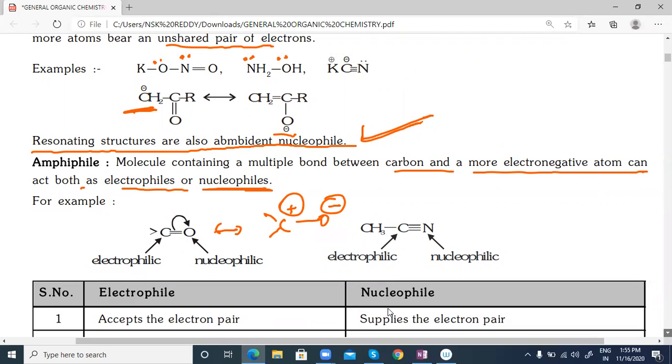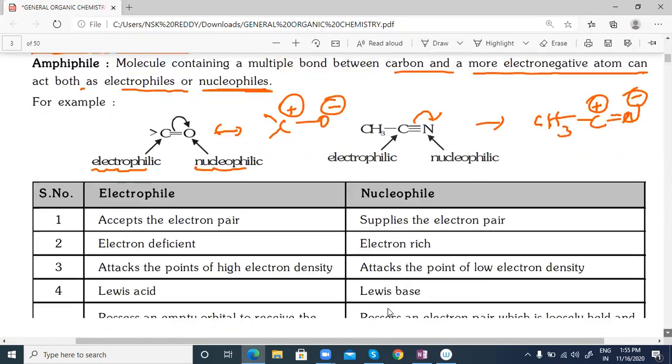Then oxygen can act as a nucleophile because of negative charge, and this electron deficient carbon can act as an electrophile. That's only the mention here. Same thing here: suppose this pi bond moves here, we get CH3, C positive character, double bond, N minus, which has negative charge, is the nucleophile and the positive charge is the electrophile. Understood?